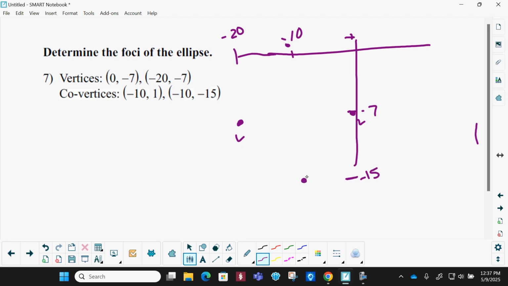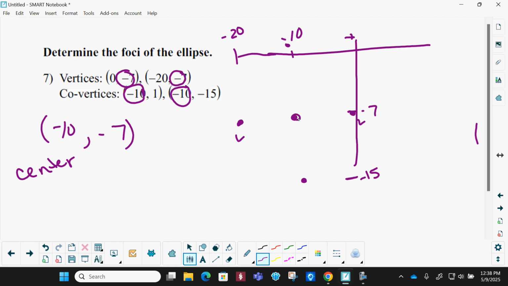Okay, now something, if you see this, you see how in the vertices my -7s are the same and they're in the Y position. Okay, and co-vertices, the same with the 10. So by the way, this is where my center is. So the question is, how far away are my vertices and co-vertices?